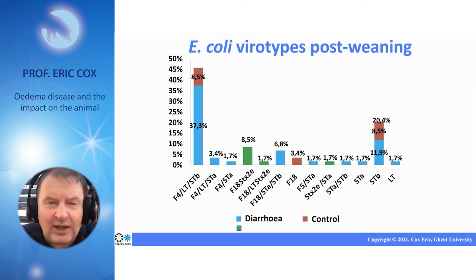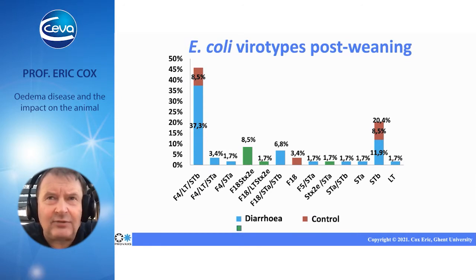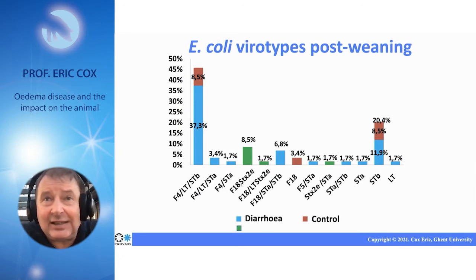So it can be quite complex, and this can be complex on farm level. So you can have many different virotypes on a farm, but even in piglets, when a colibacillary problem is there, you can even isolate 2 or 3 different virulence strains from one piglet.